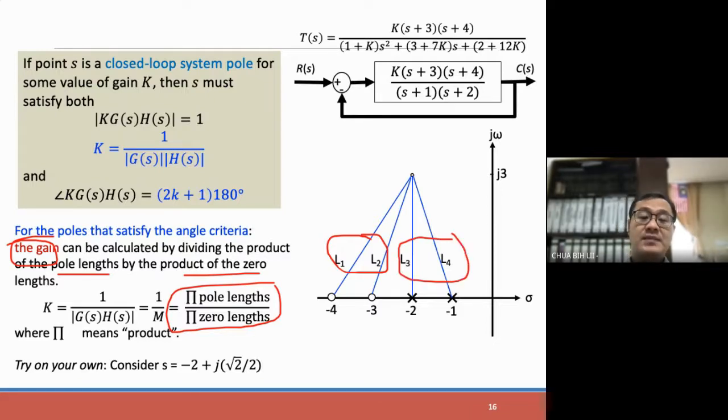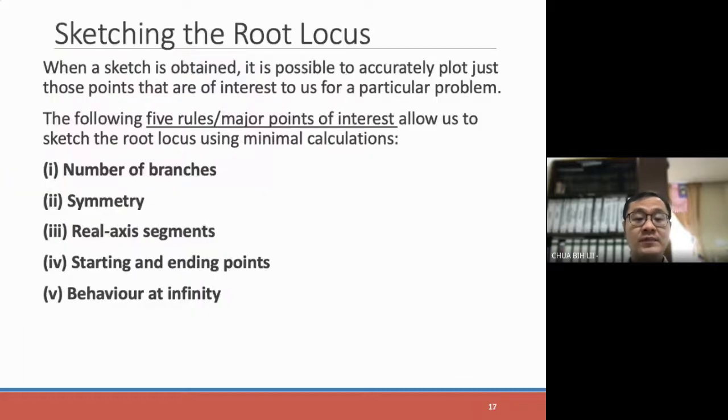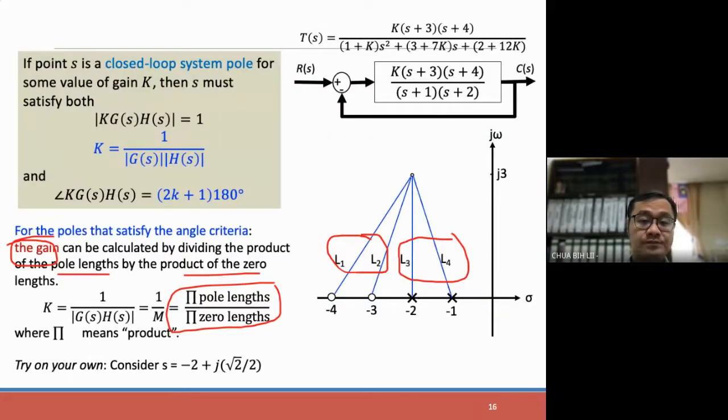So we just measure this line, the length of it. Use rulers or whatever is suitable for you to measure the length of it. Therefore you have this equal to L1 multiplied by L2, divided by L3 multiplied by L4, right? So that will give you the K value of this.